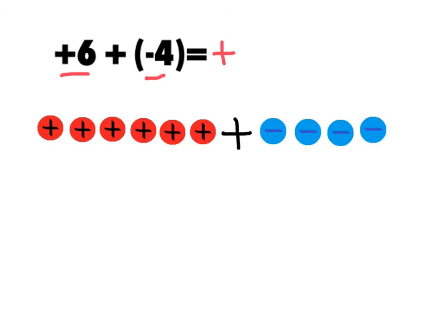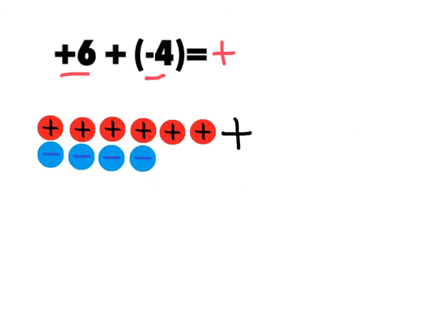So, once again, I'm going to pair them off. 1, 2, 3, 4, until I have no pairs anymore. I'll cross those out to give myself a little bit of a reminder, and I'm left with 1, 2 red counters. That means that my answer is positive 2.